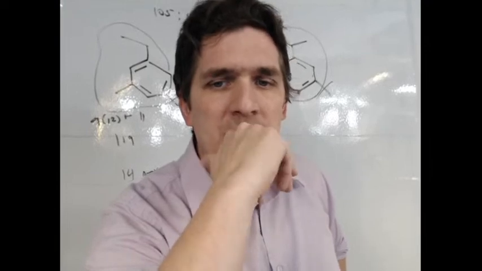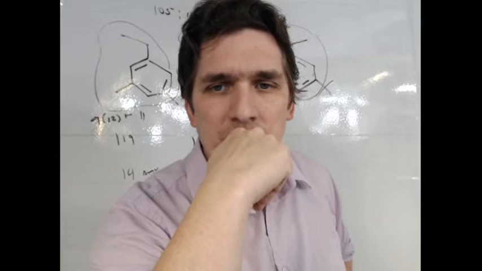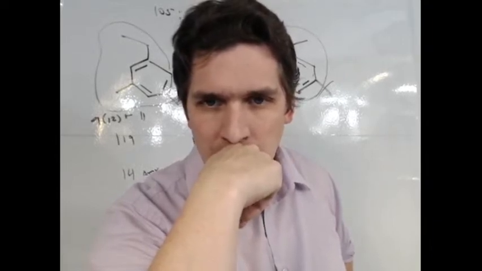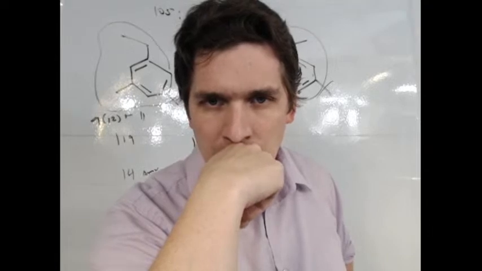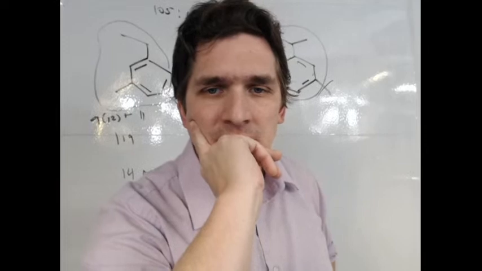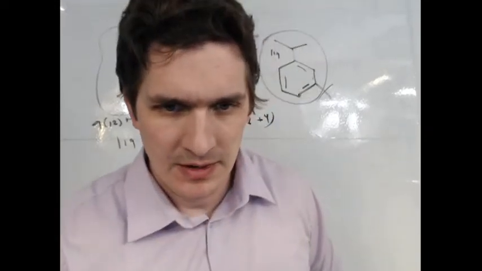So how would we have a molecule that has a CH2 group clipped off? Fourteen AMUs, carbon and 2 hydrogens. I only see one that has a CH2 group on it.